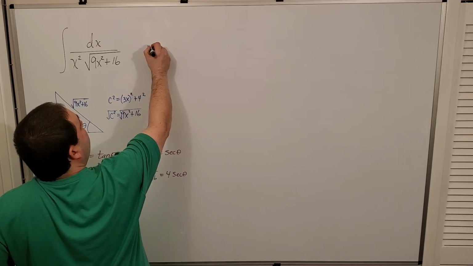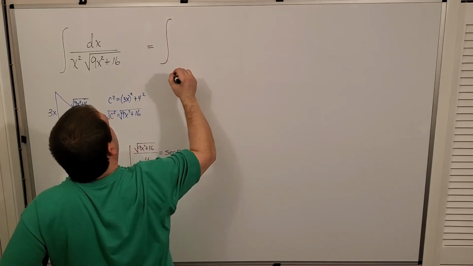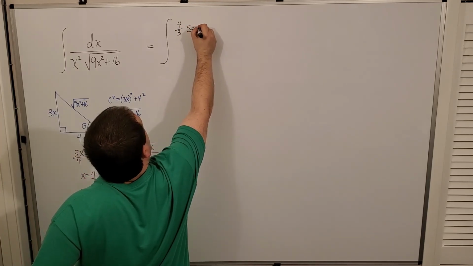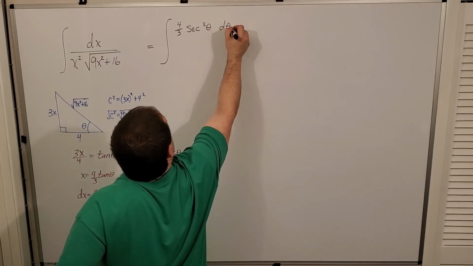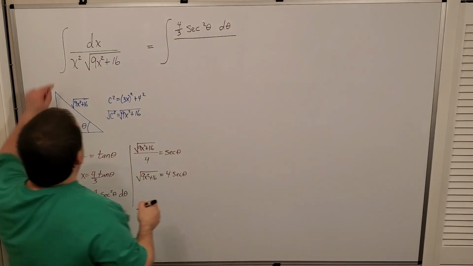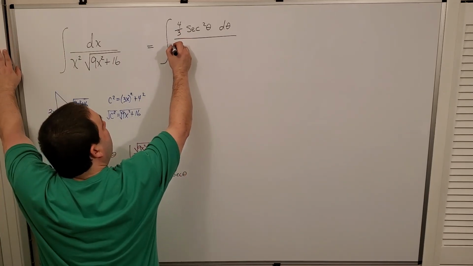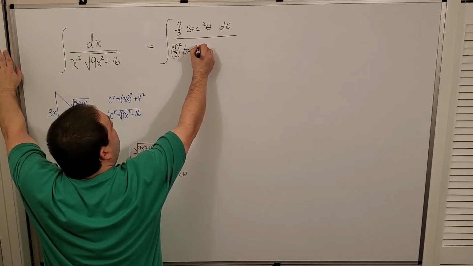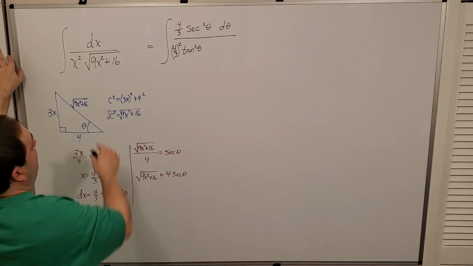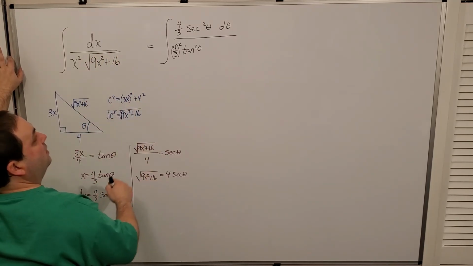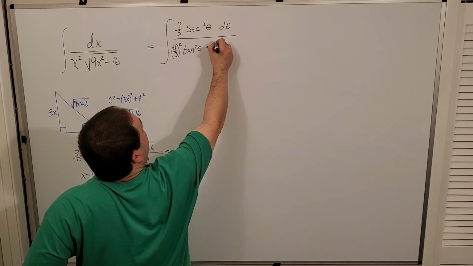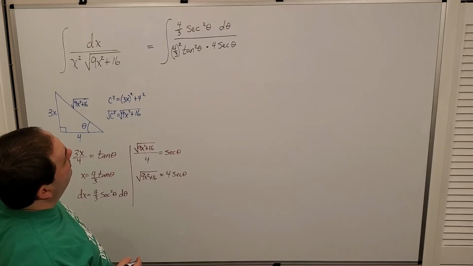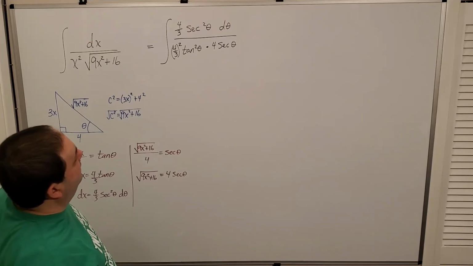So then this is equal to the integral. dx is 4/3 secant squared theta d theta, divided by x squared, which is 4/3 squared tangent squared theta. And then the square root itself is just 4 times secant theta. So times 4 secant theta. Okay, so let's do some reduction here.